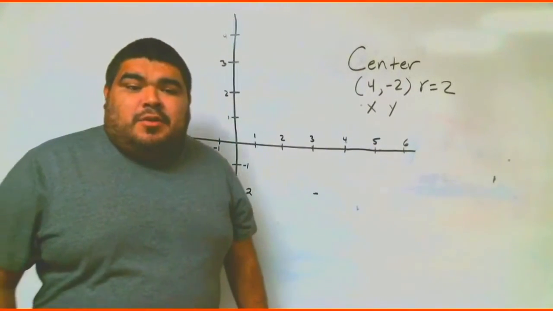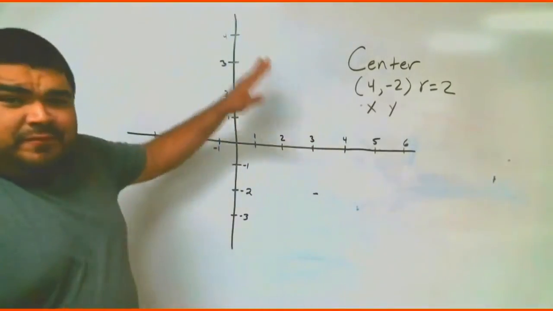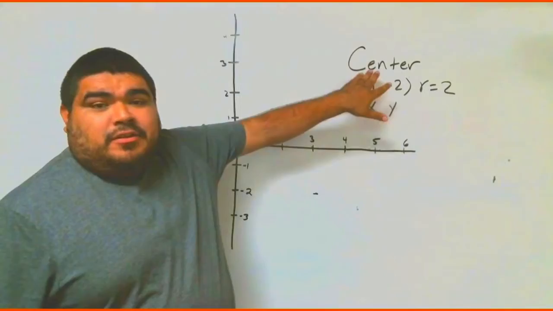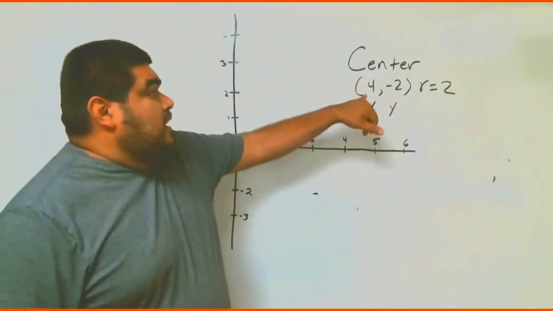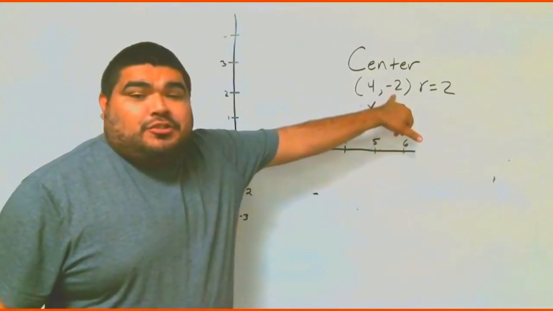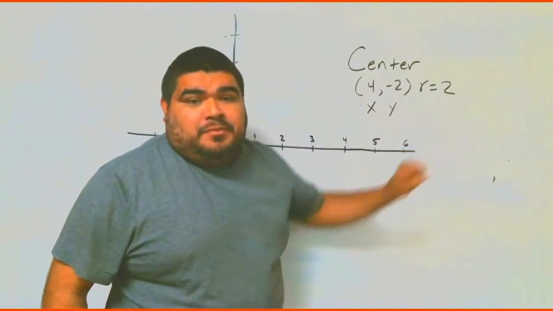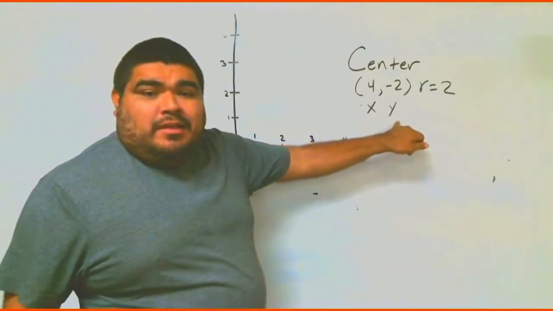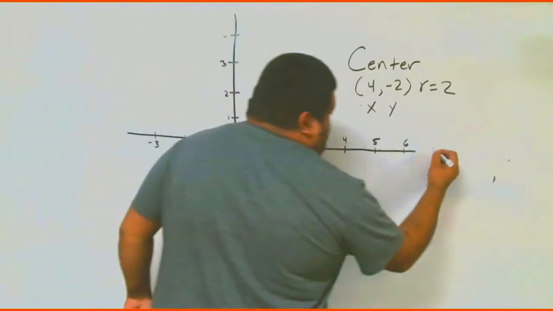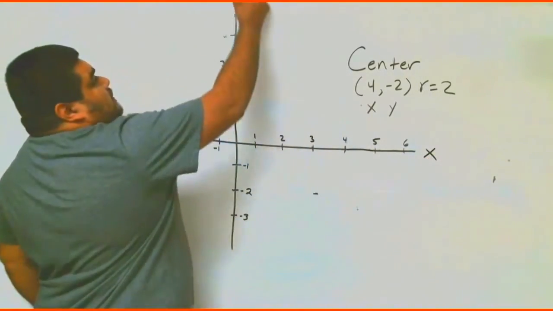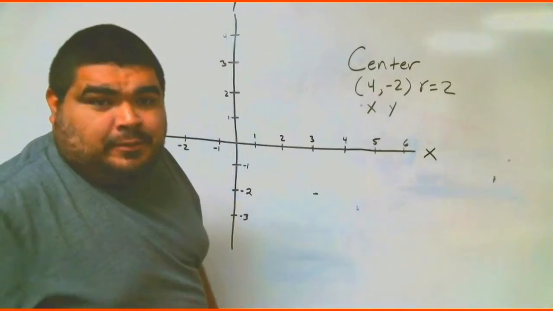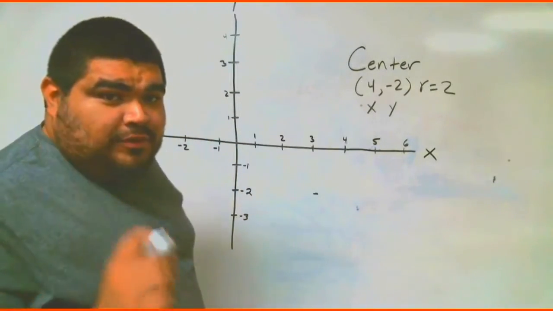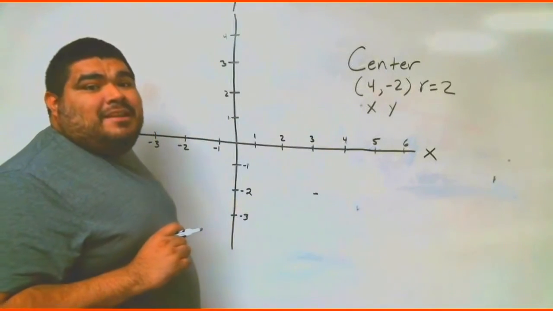All right, guys, so I drew my graph. Remember, our center of origin or point of origin was at 4, comma, -2 with the radius of 2. Remember, we have x and y. Your horizontal line is your x, your vertical line is your y. So, let's start off by graphing just our center point, which is at 4, comma, -2.